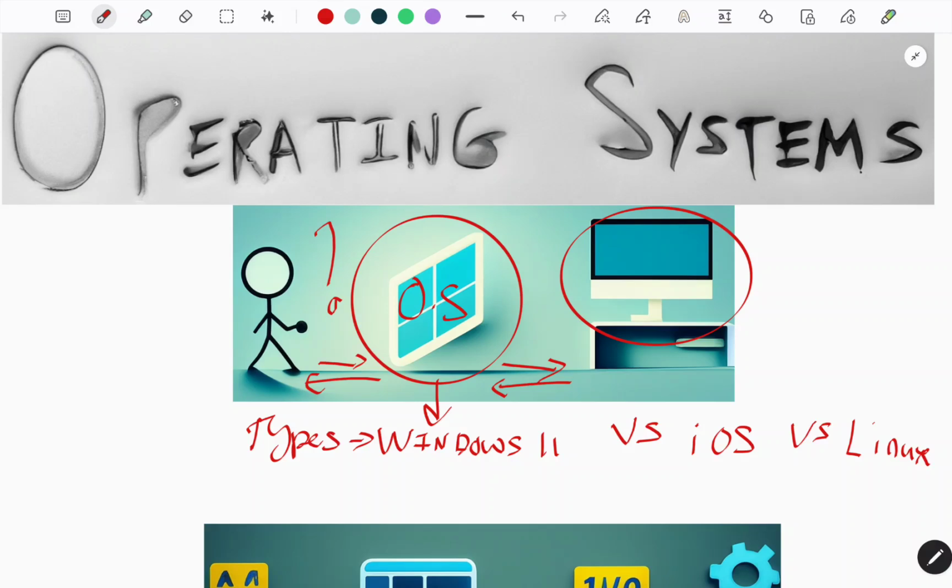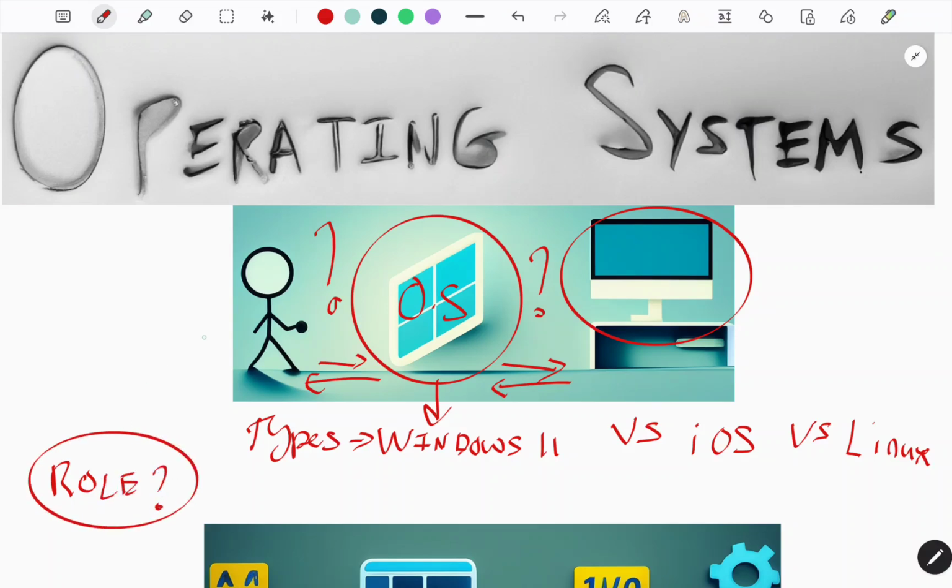Now we move into the second point, which is how, all right, like a big question mark, right? Another big question mark. How does this OS mediate? We talk about this OS as the middle man, right? How does it do it? Or should I say, what is the role?